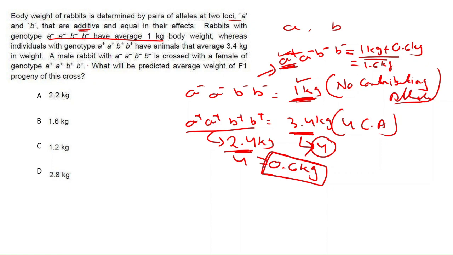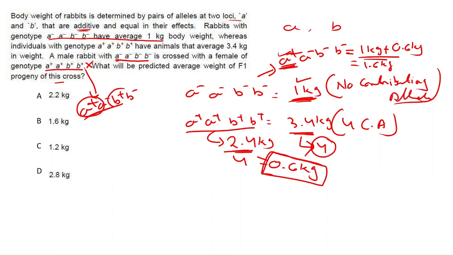Okay, so the question is: a male rabbit with A minus, A minus, B minus, B minus is crossed with a female rabbit with A plus, A plus, B plus, B plus. What will be the predicted average weight of the F1 progeny? If you cross these two, what will be the F1 here? A plus, A minus, B plus, B minus. So what is the number of contributing alleles?